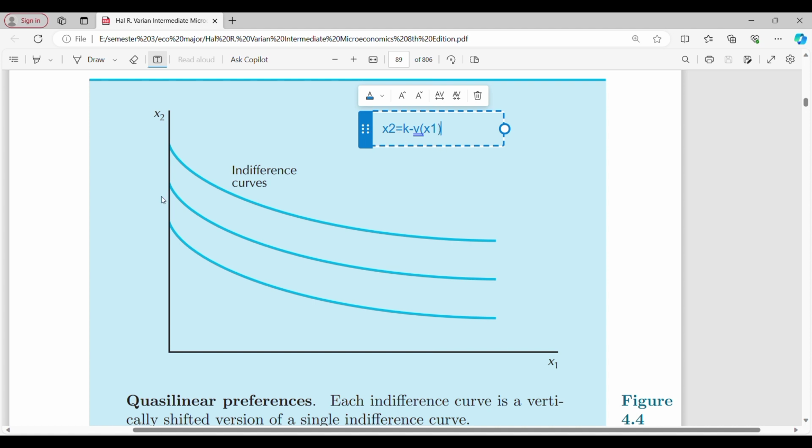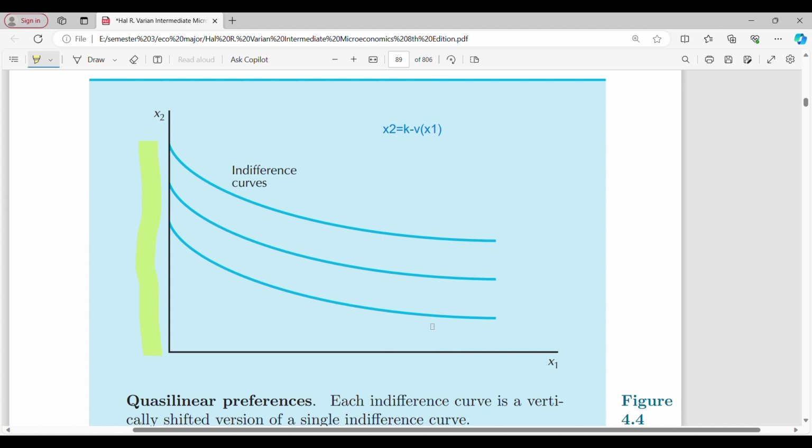Here x2 is this height. This equation says that the height of each indifference curve is some function of x1, that function is minus v(x1) added with the constant k. Higher values of k give a higher indifference curve, definitely.